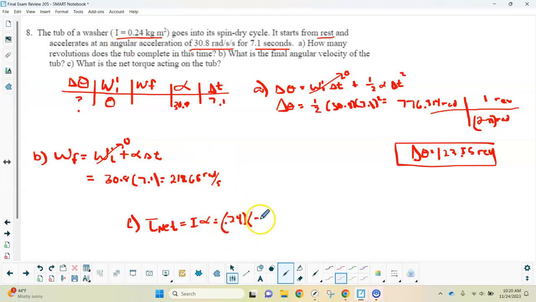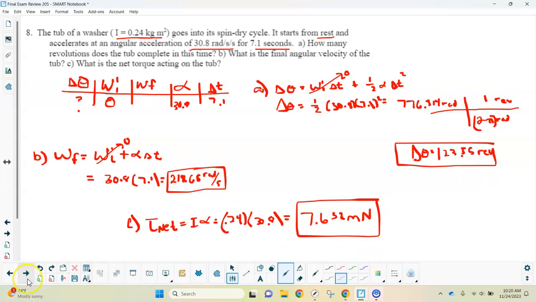Alpha is the 30.8. So it's almost a quarter of 30.8. So you get like 7.632, and that would be meter newtons.